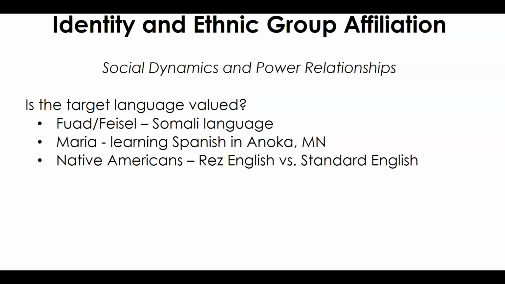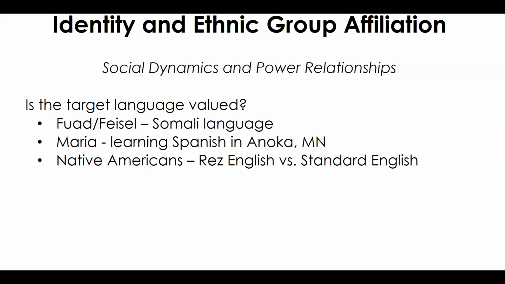Her cousins, her family members, felt like she thought that she was better than them, that she was forming a different sort of identity, and she wasn't affiliating with her ethnic group. She wasn't using Ebonics or perhaps language that cousins and relatives were using. And so that was really looked at differently. The target language, meaning just the English that she was using from school, wasn't really valued with her family members. It was actually looked down upon.